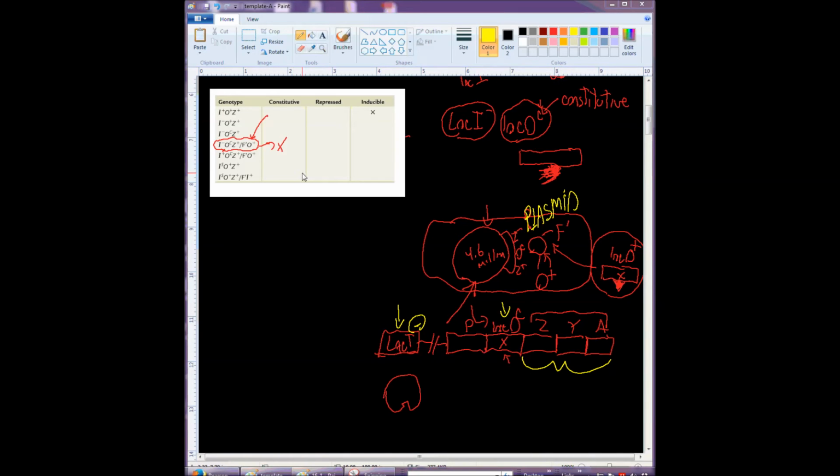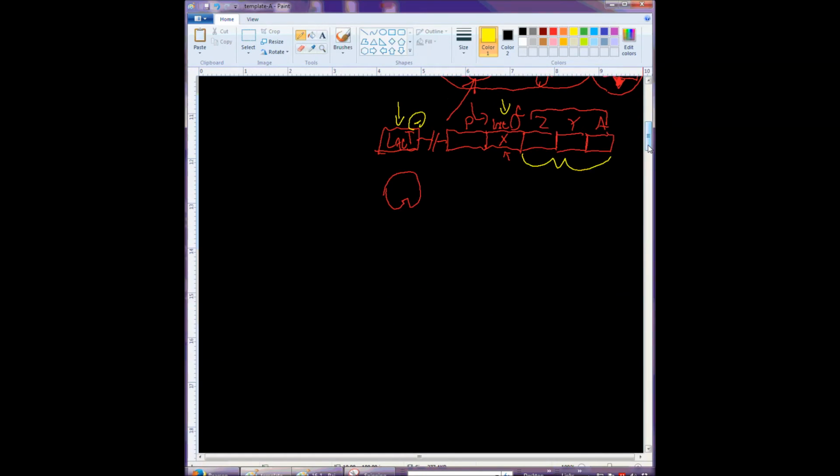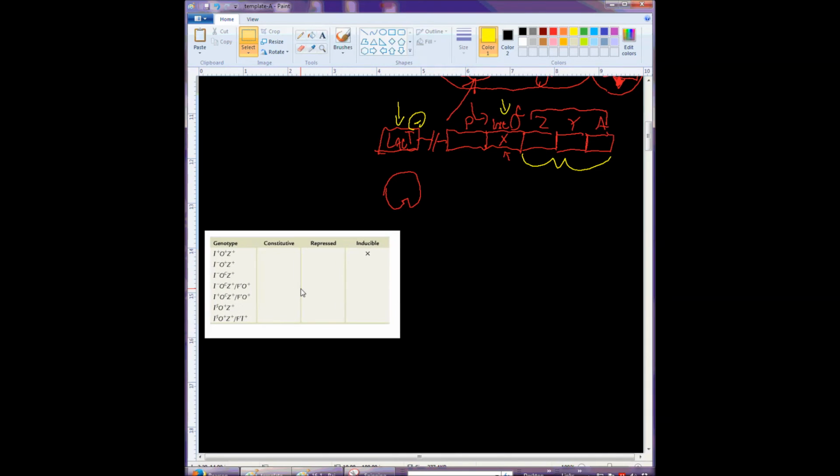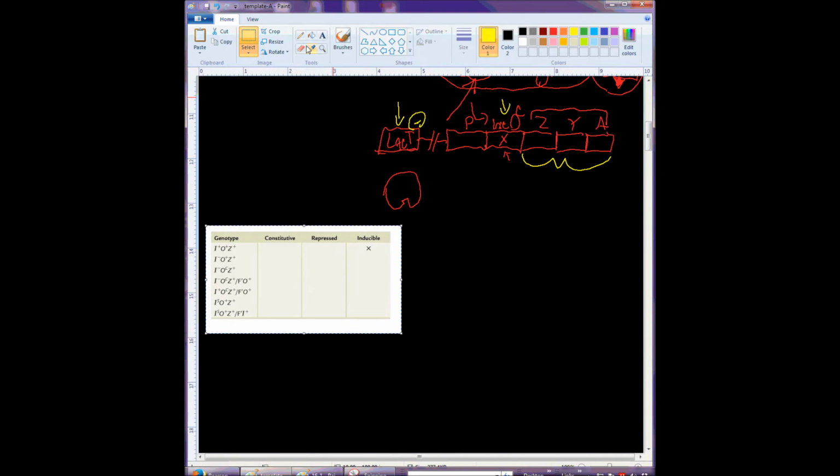Okay, let's take a look at the next one. I'm going to move down here a bit. At the normal location, I'll just sketch this really quick. This is the E. coli chromosome over here, and this is the F factor.